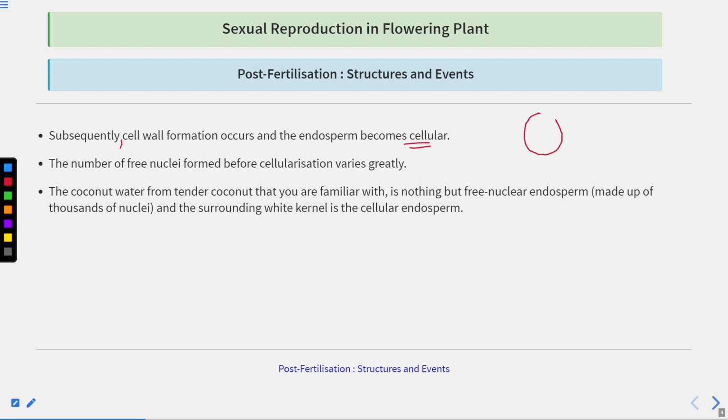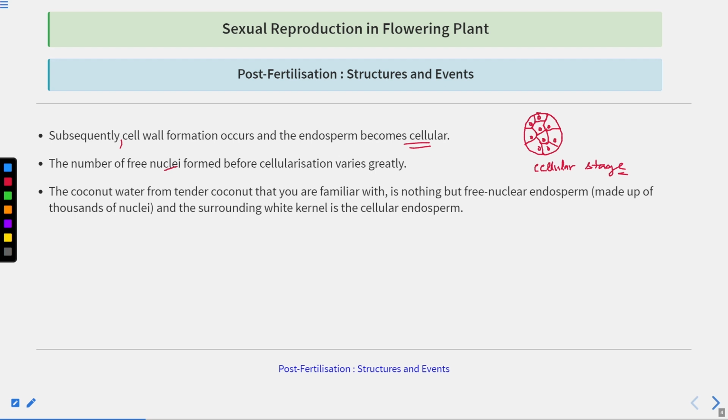If this is the structure, here were the free nuclei. Now the cell wall formation will occur. So this is the cellular stage of the endosperm.